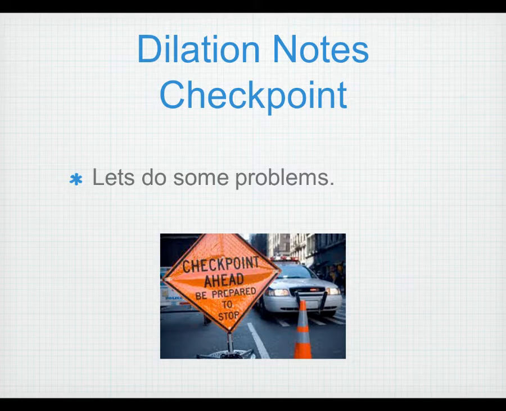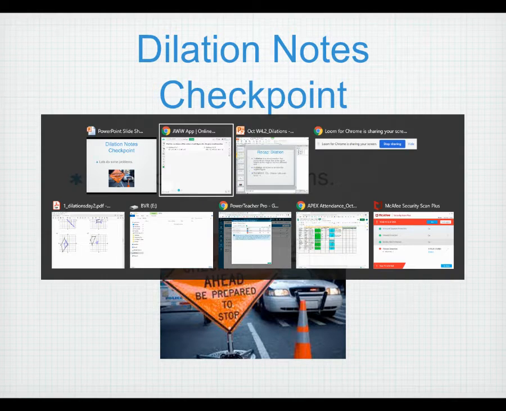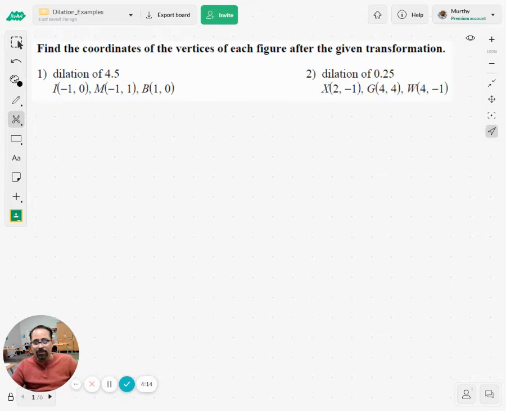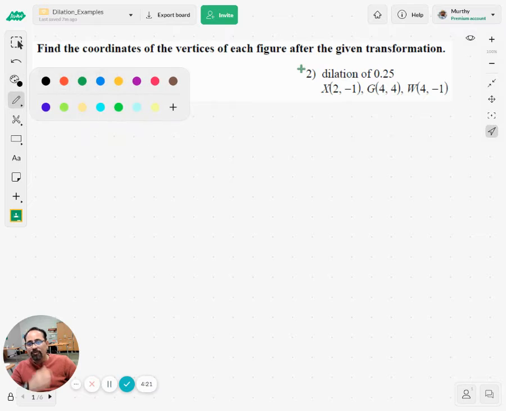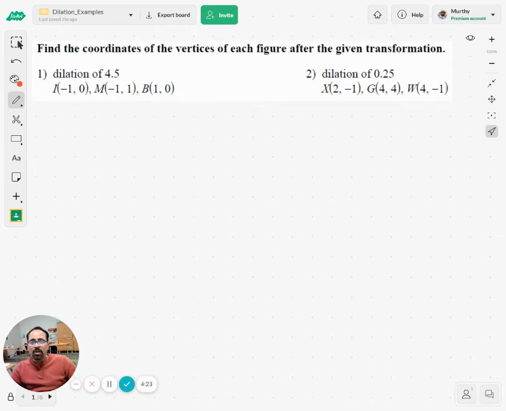Now let's do some problems. So let me move to my favorite whiteboard. Yep, I'm here on the whiteboard. A couple of questions here. Find the coordinates of the vertices of each figure after the given transformation. That is a dilation of 4.5.